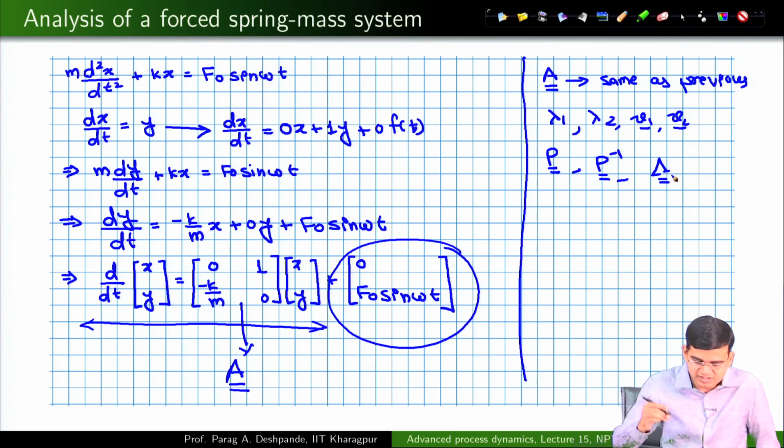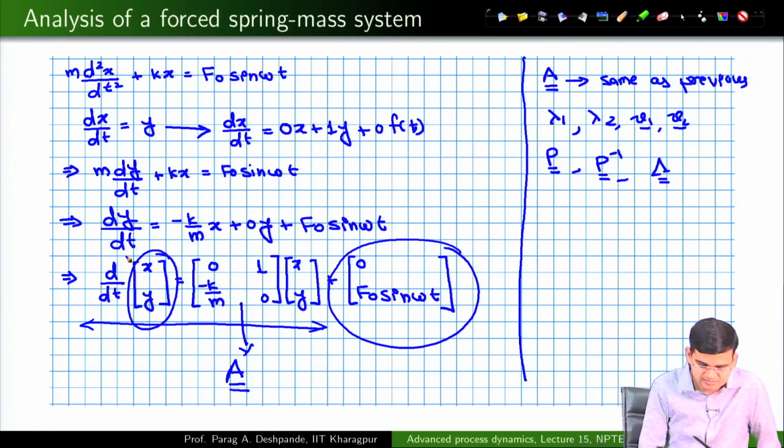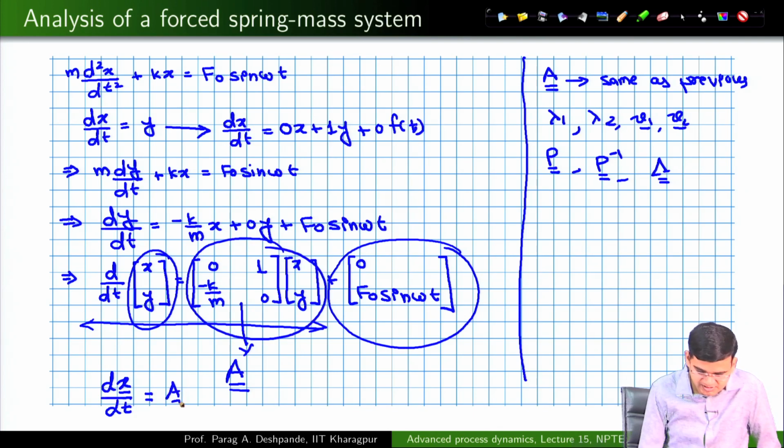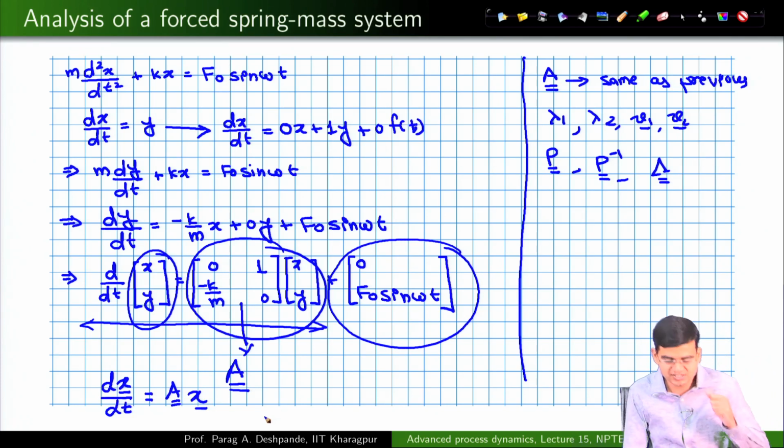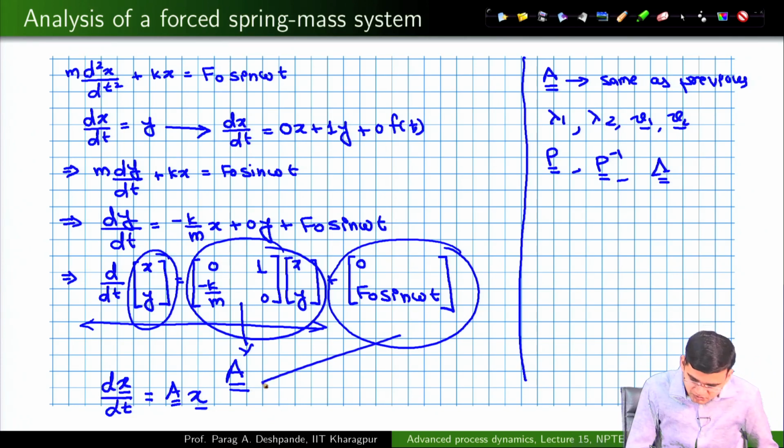The only difference which would come is here, that in this case now I can write this equation as, I can assign this as vector x. So, I can write here dx/dt is equal to A x, which we did in the previous case as well, but I have a new vector here. So, let me call that vector g of t.